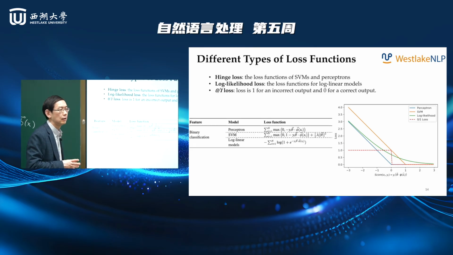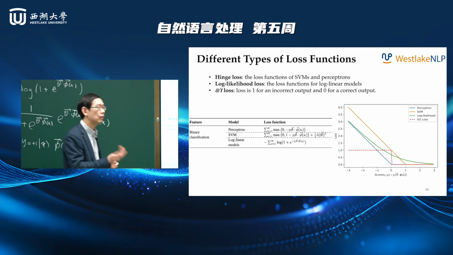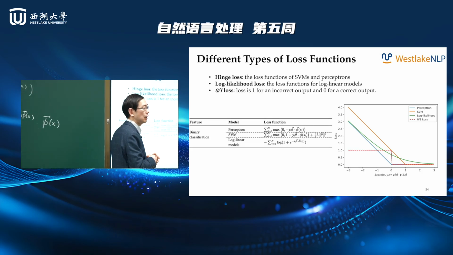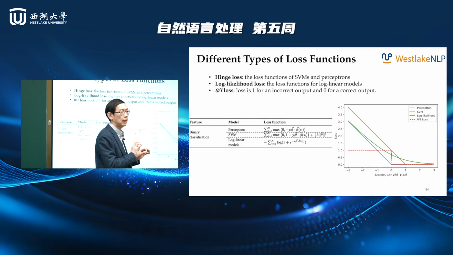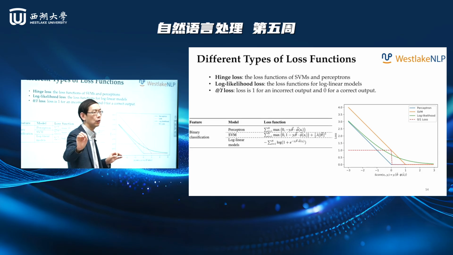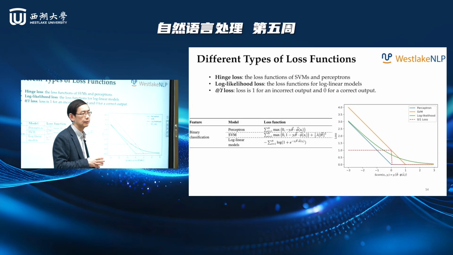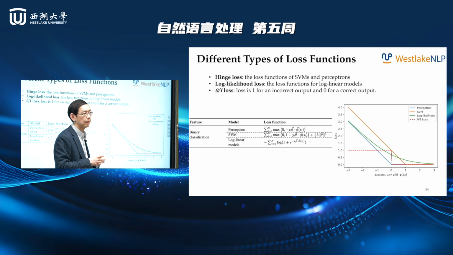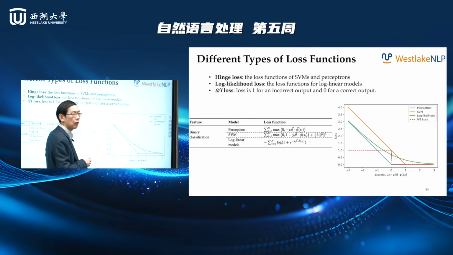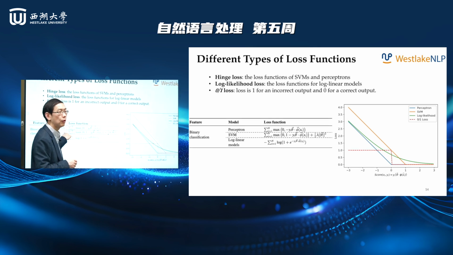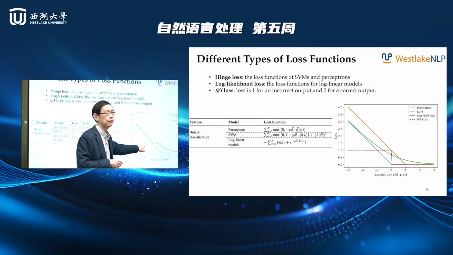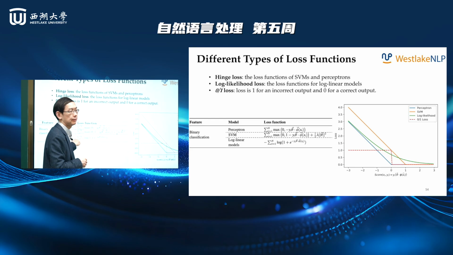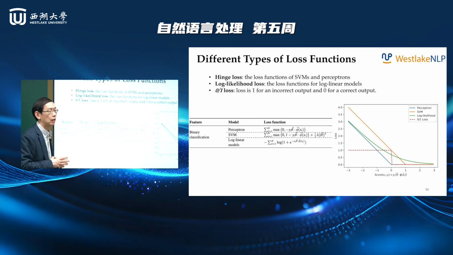All right? So these are the losses. But no matter what the loss is, they're the same in that the higher the score is, the lower the loss is. All right. I just turned the loss functions in this table into this picture. Okay. So this is just a visualization of these functions.